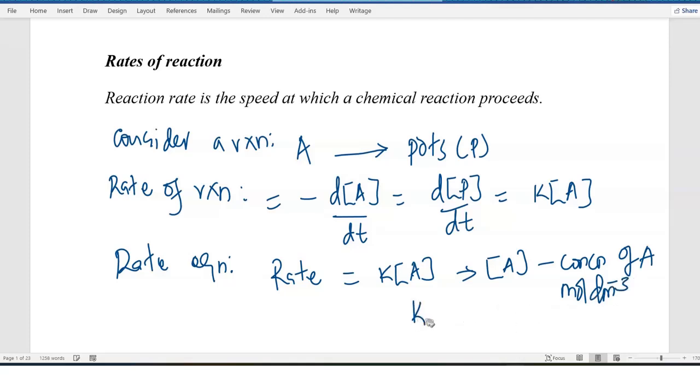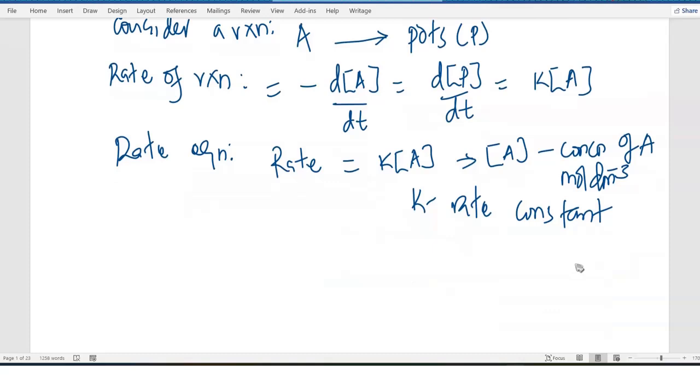Then k is what we call the rate constant. We have to understand that, and obviously the units of the rate constant are derived from that equation.